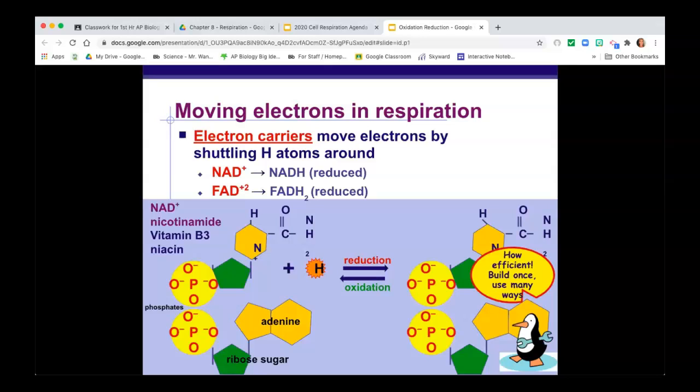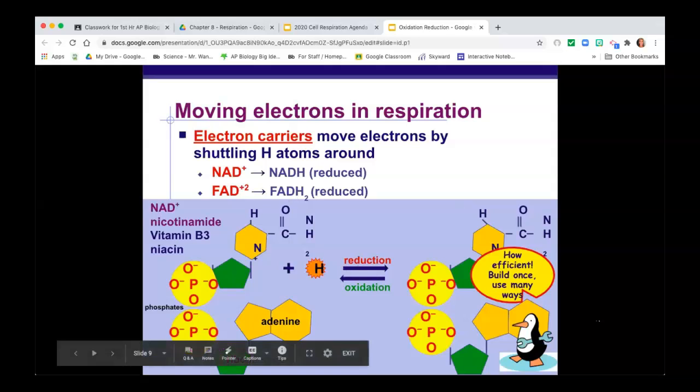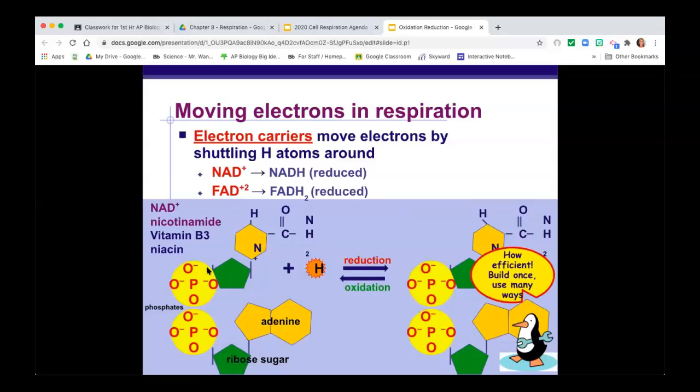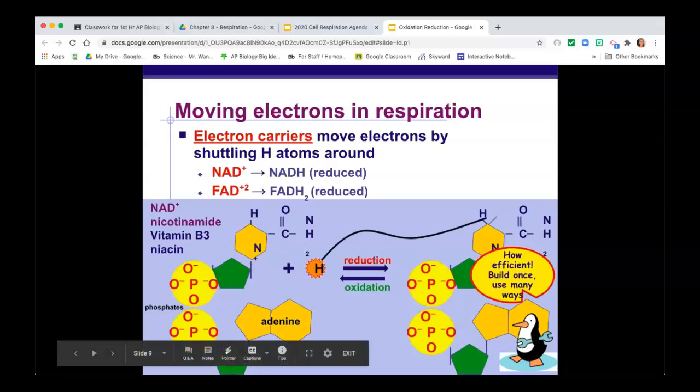FAD, flavin adenine dinucleotide, is going to be reduced to FADH2, and that is also going to shuttle electrons between reactions. And then it's cyclic, just like NADP was cyclic. You made NADPH, NADP, NADH, NAD. So we're going to reduce and oxidize so that you can recycle that molecule.